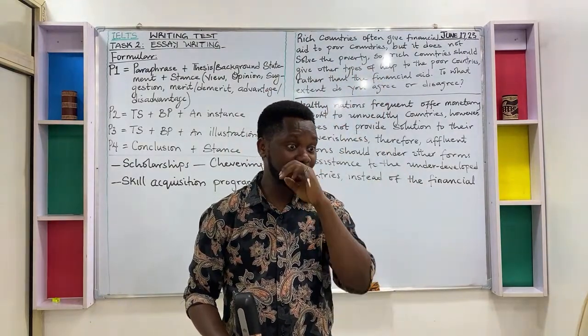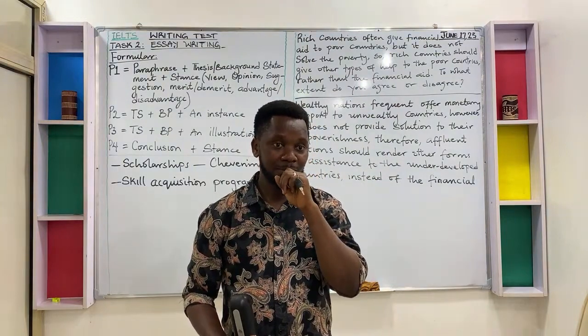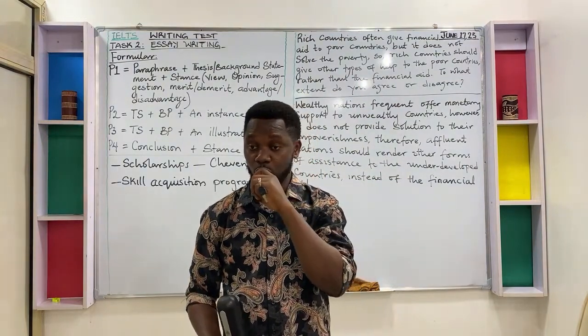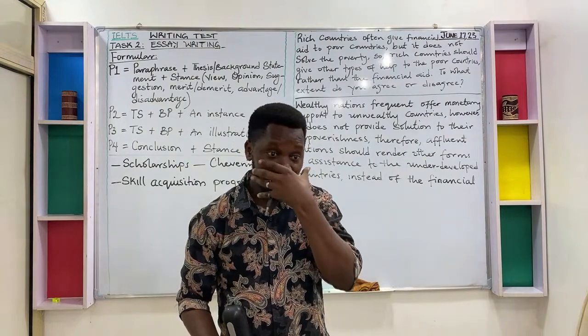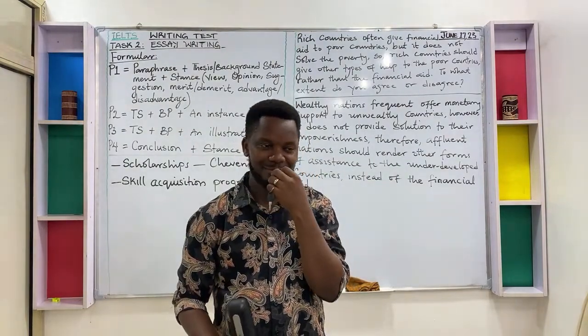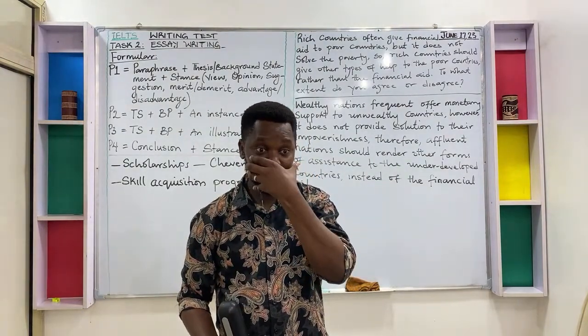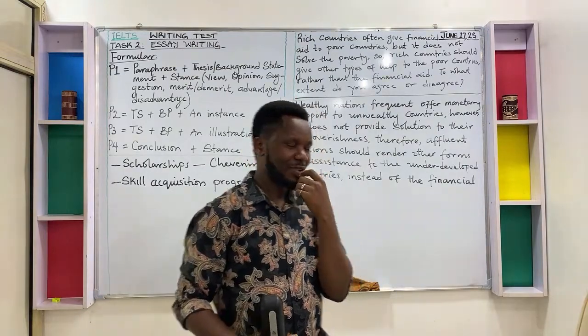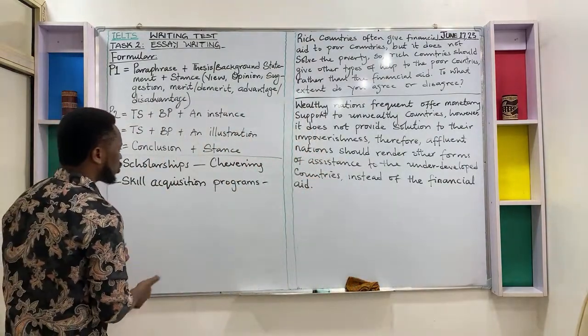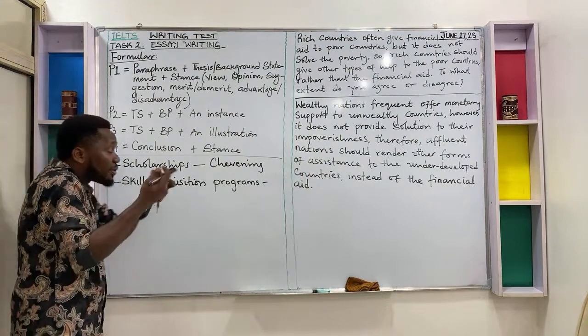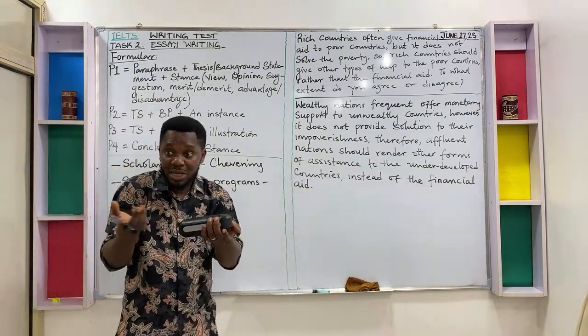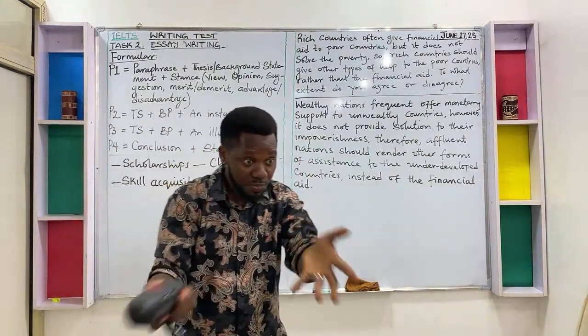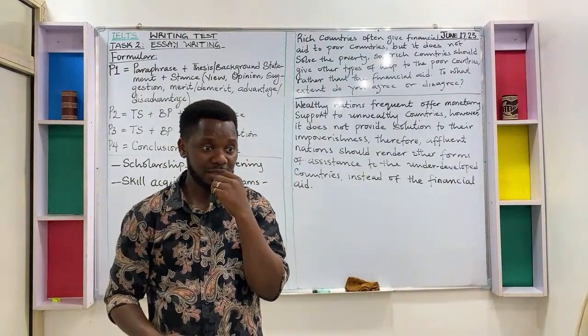For instance, during COVID in Canada, a lot of the government was looking for tailors that can sew masks. You understand? They were looking for people that can sew masks, right? So skill acquisition could be teaching farming, people get trained on how to carry out fish farming, right?